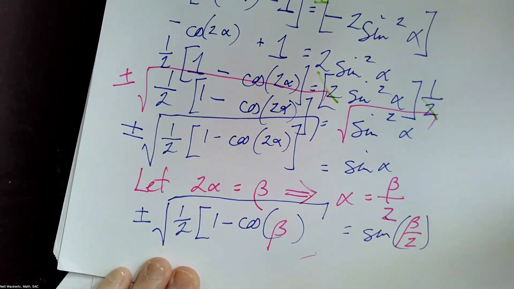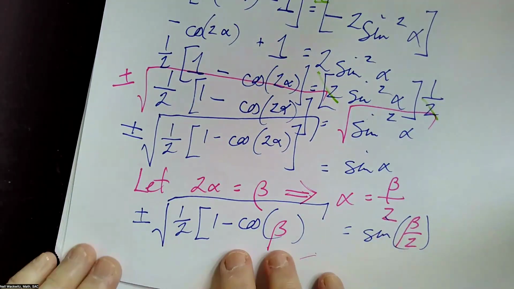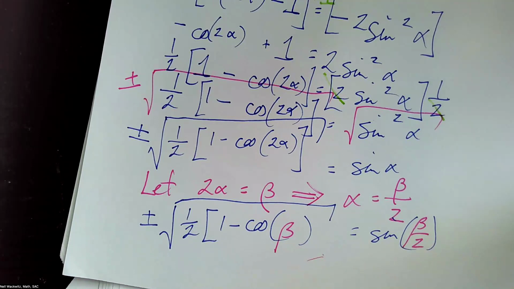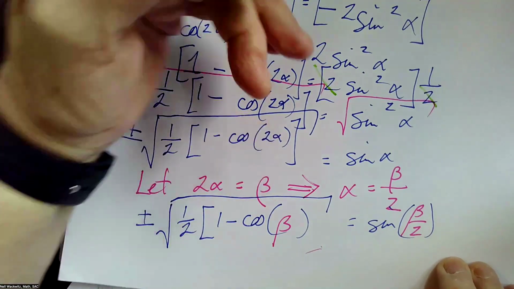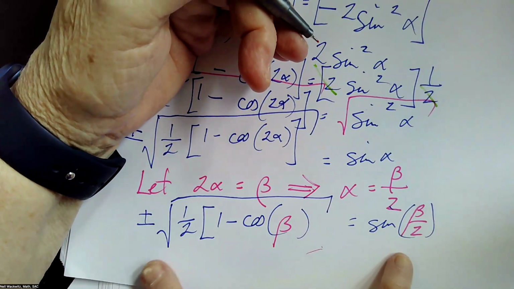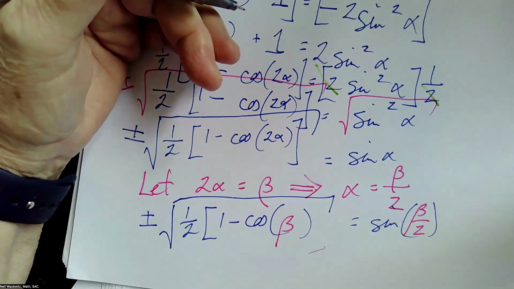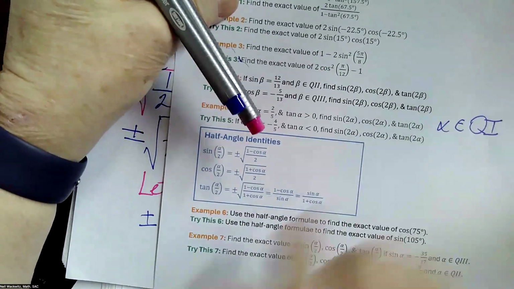We're putting the 1/2 out front, but it's the same thing. And we don't care whether these angles are called betas or alphas. It's the same formula. So now we've got the sine and the cosine of beta over 2.